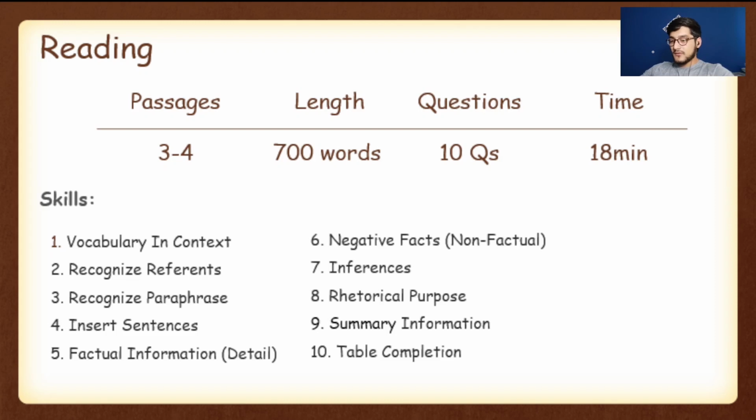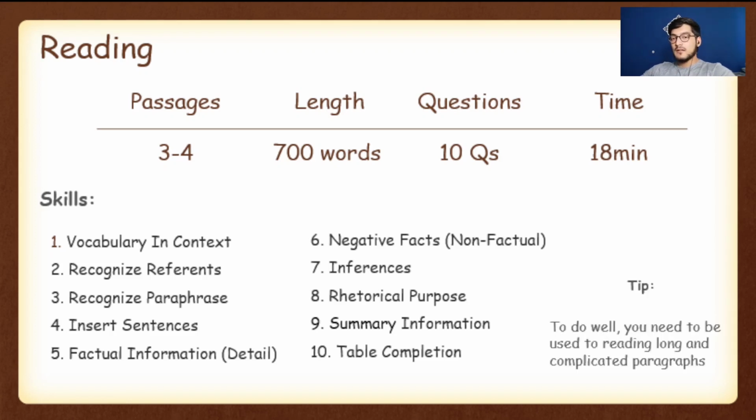Before starting the individual videos dedicated to each of these skills, we have a pre-tip. To do well in the reading section, you need to be used to reading long and complicated paragraphs. If you have experience reading newspapers, articles, passages, and even books in English, you're one step ahead. It's a plus point for preparation for the TOEFL test.